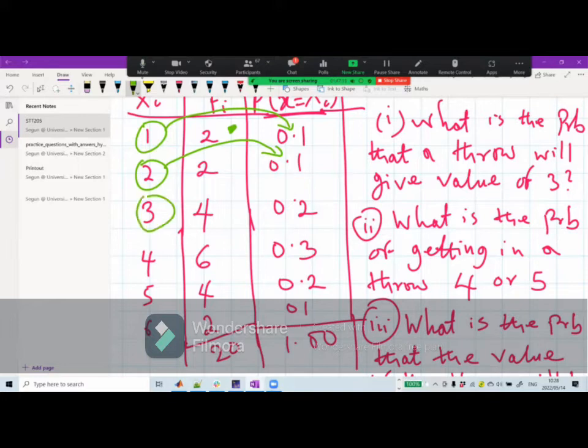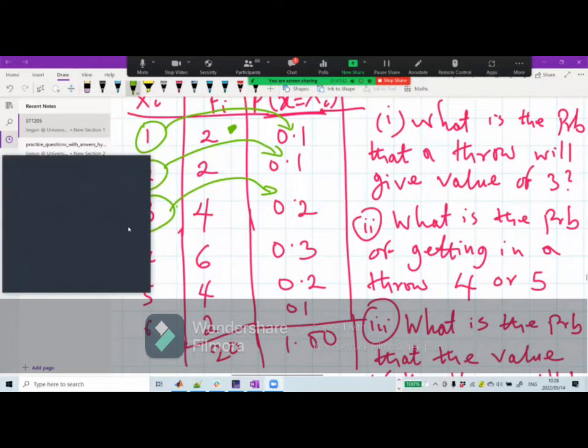The probability that when I throw the third time, 3 will appear is this. Remember, the one that I circled here are the values of the die we have. Are you getting it? Yes, sir.